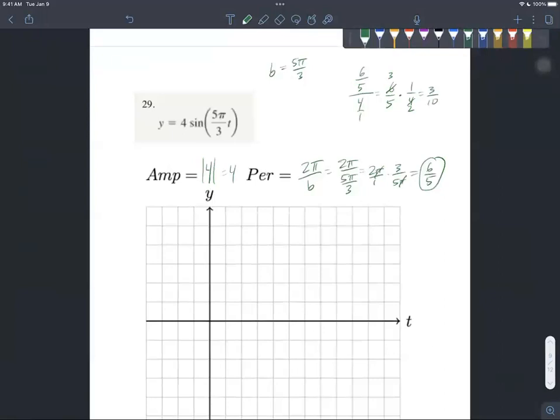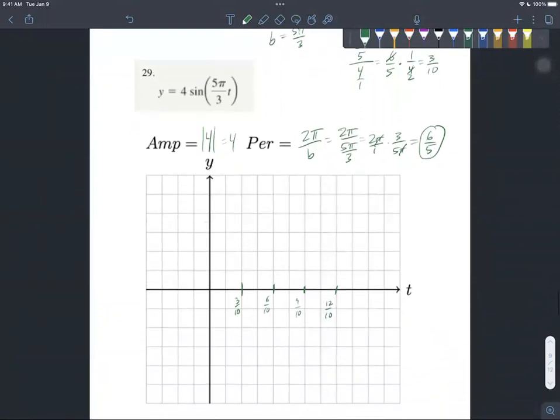Okay, so 3/10 is the increment that we're going to use in the horizontal axis. And let's go ahead and use 2 tick marks to represent 3/10. I'm only going to do one period in the positive direction because I won't have enough tick marks in the negative direction. 6/10, 9/10, and 3/10 more would give us 12/10.